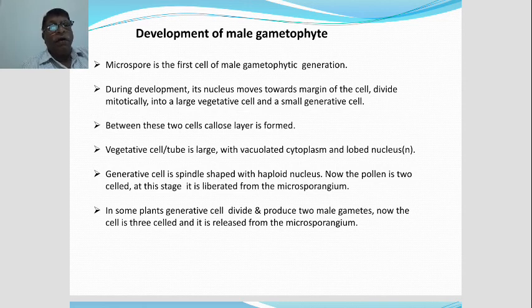During the development of male gametophyte, the nucleus of the microspore, which is haploid, remember, moves towards the margin or periphery of the cell, and its nucleus divides mitotically into 2 unequal cells.